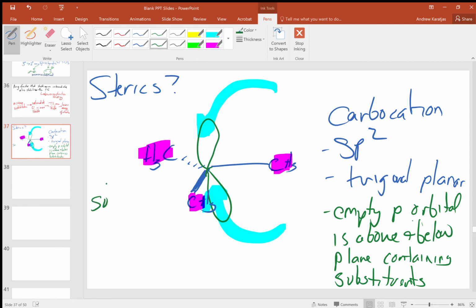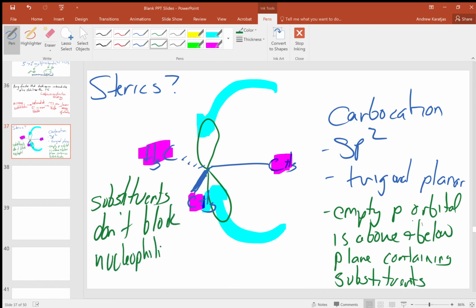And so the substituents don't block nucleophilic attack. So we can sort of summarize this as saying that for an SN1 reaction, more substitution increases the stability of the carbocation, which increases the rate of the reaction. In addition, because the carbocation is planar, the substituents don't interfere with the nucleophile attacking.